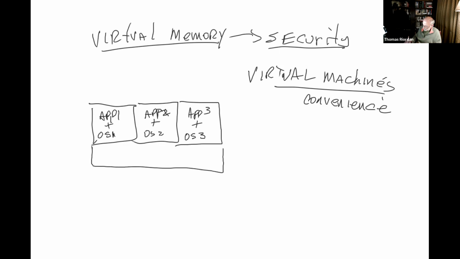We're going to run them all on top of this. I'm going to call it hypervisor, since that's the generic term. And then that's going to be on top of the hardware.